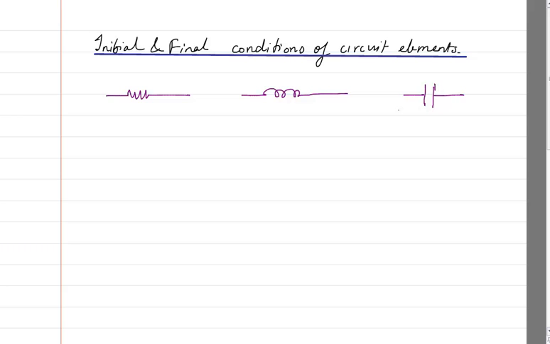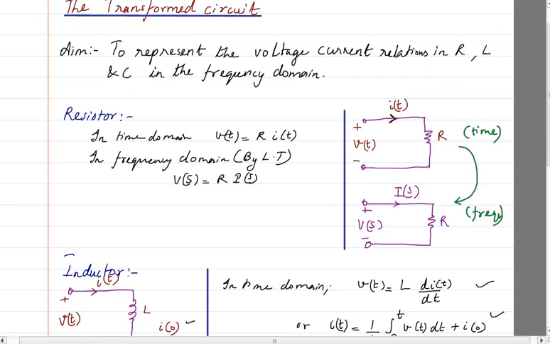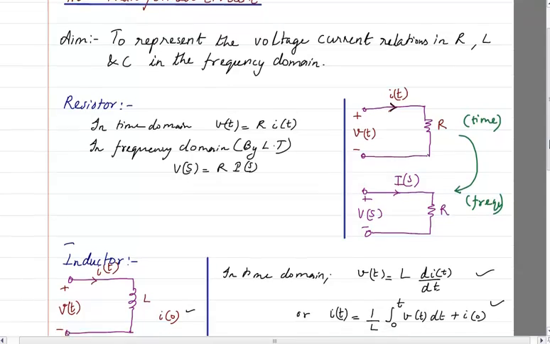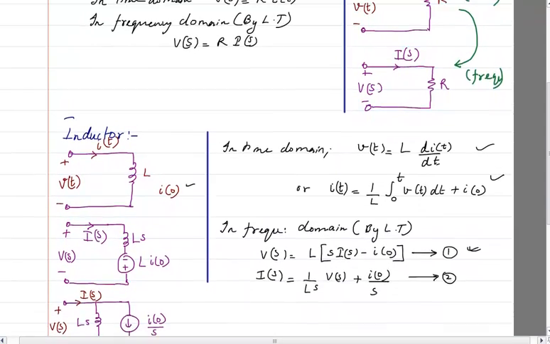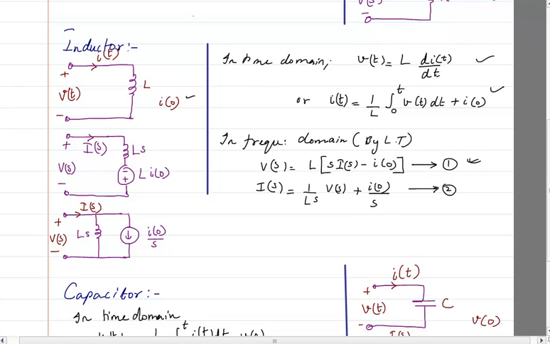Now we have seen in the previous class what will happen when we transform the RLC circuit components into the frequency domain. The resistance will remain unchanged, whereas the inductance L changes to Ls.